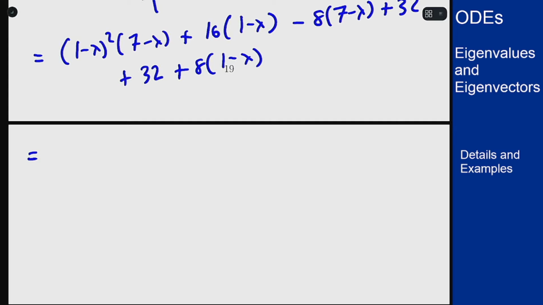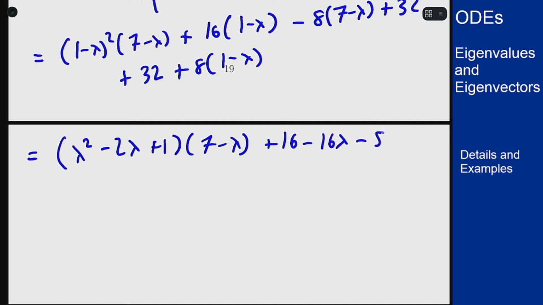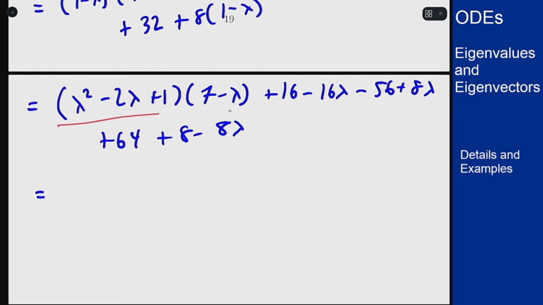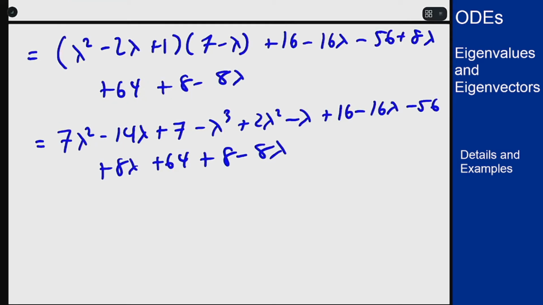So I'm going to expand all this out. This is lambda minus 1 squared, 7 minus lambda, 16 minus 16 lambda, minus 56 plus 8 lambda, plus 64, plus 8 minus 8 lambda. Now expanding out this product here, and then we try to simplify. So I see a minus 8 lambda and a plus 8 lambda.